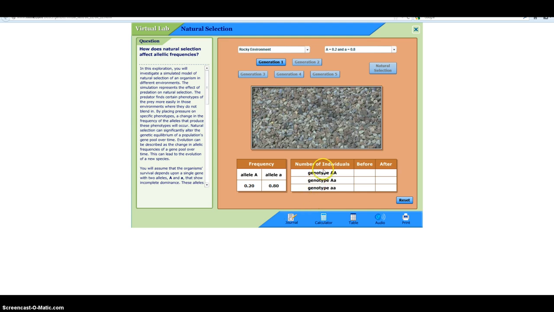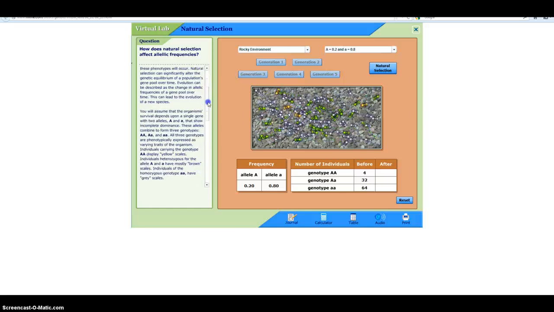But what we're trying to do is we're populating different environments, which basically are different colors, with ants or scales that are 3 different colors: yellow, green, and gray, or yellow, brown, and gray. Actually, the yellow is, let's see what this says over here.